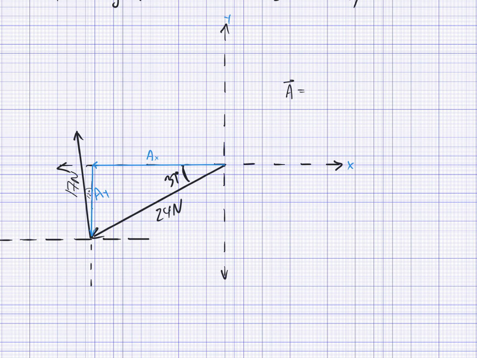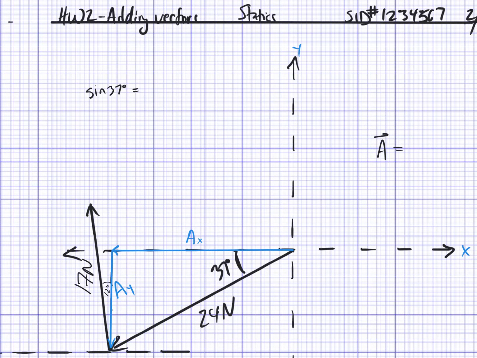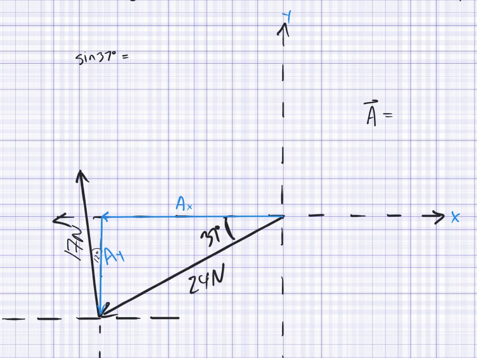So AX, from the trig, so let's see. I'll do the trig up here. Let's just start with sine. Sine of 37 degrees equals opposite, AY, over the hypotenuse, which is 24.